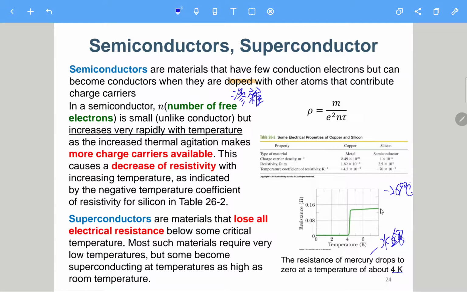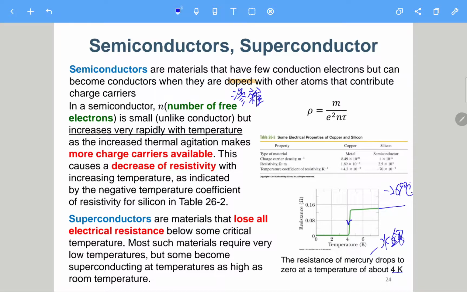So originally it is linear, proportional to the temperature, or linearly increases with respect to the temperature. However, it suddenly dropped to zero.